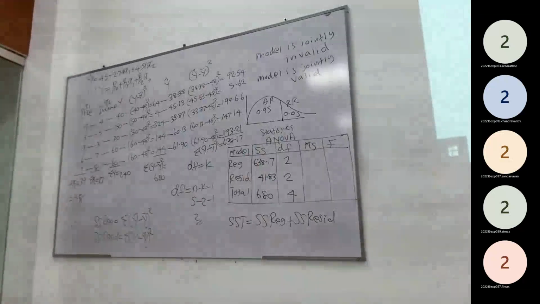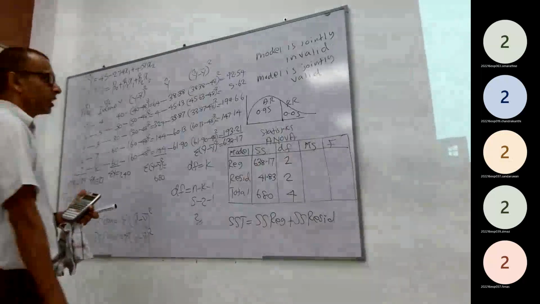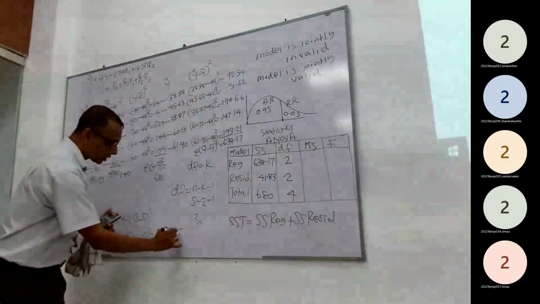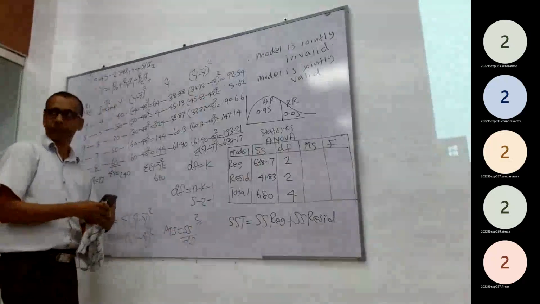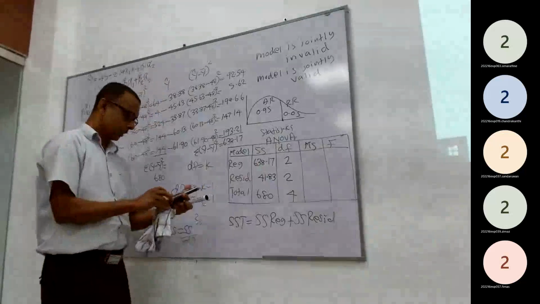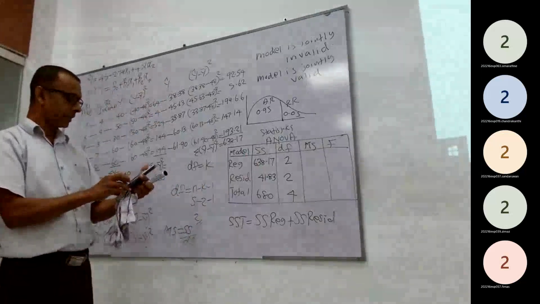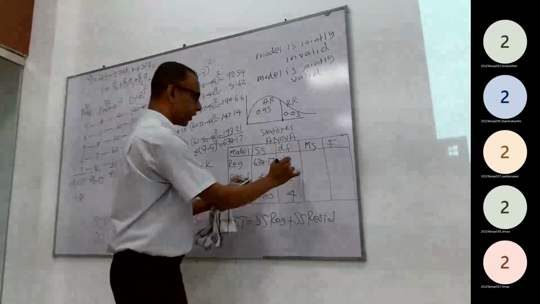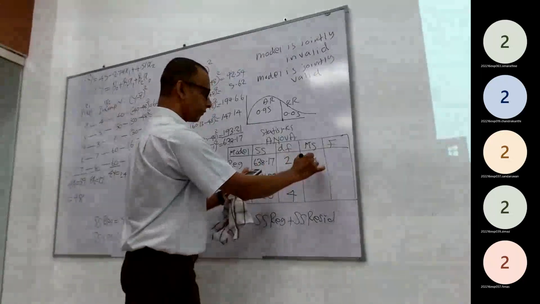Right. Now take the mean square. Mean square is the sum of squares divided by the degrees of freedom. 638.17 divided by 2 degrees of freedom is 319.085.